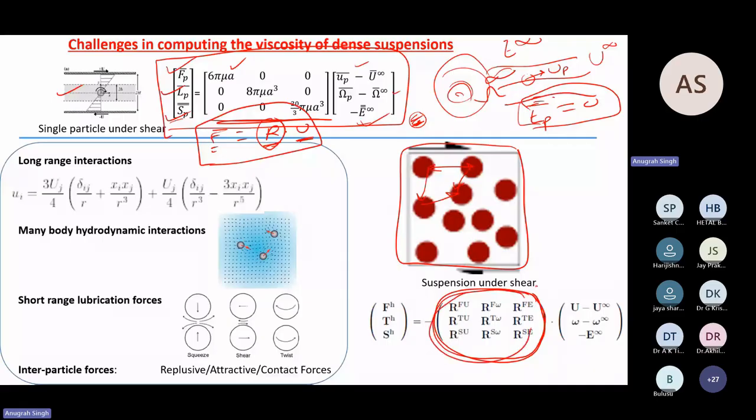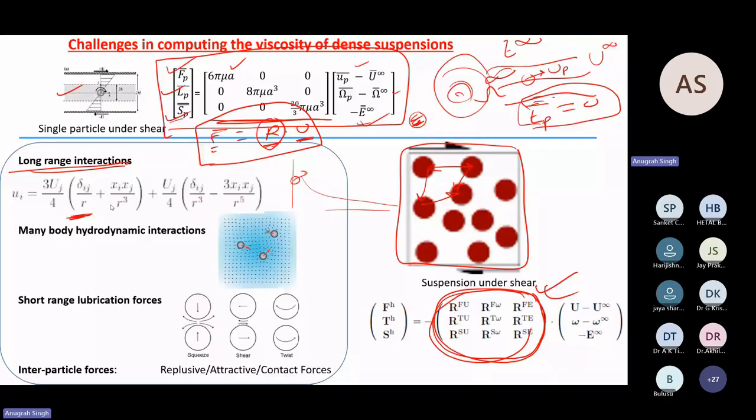What do you mean by long range? That means if you are moving a particle, the velocity field decays very slowly. As you can see, it is 1 over r. Compared with r cubed, r to the fourth, r to the fifth, which will be almost 0 when far away, the velocity field for Stokes flow is 1 over R. That means even at 10 particle radii, 1 by 10 is 0.1, 10%, which is not 0.